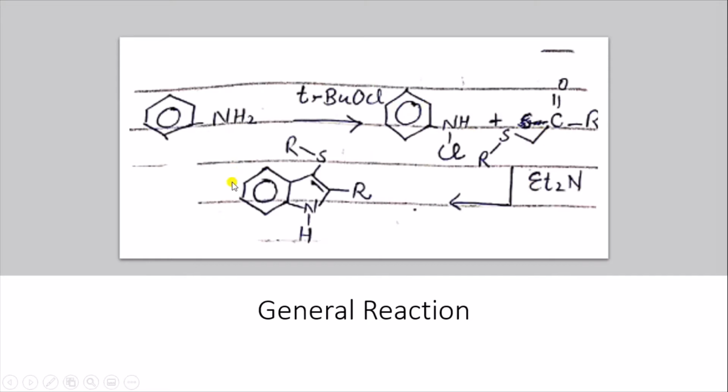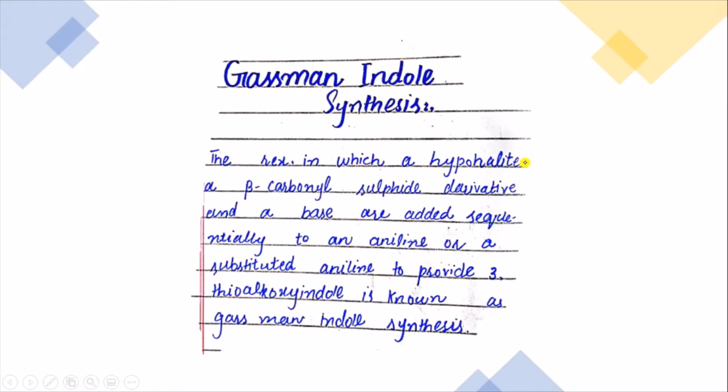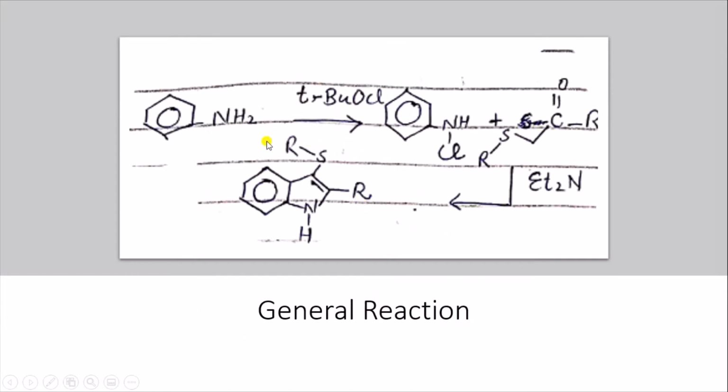As a result, we will get this indole, which is a thioalkoxyindole. This is a substituted indole, and we get this indole as the result of the Gassman indole synthesis process.